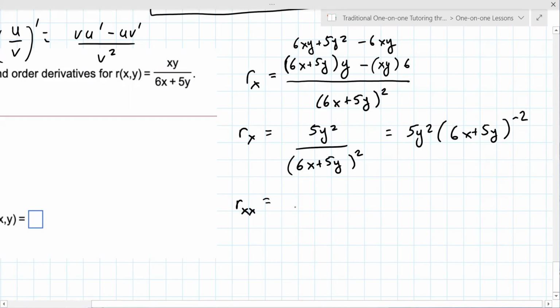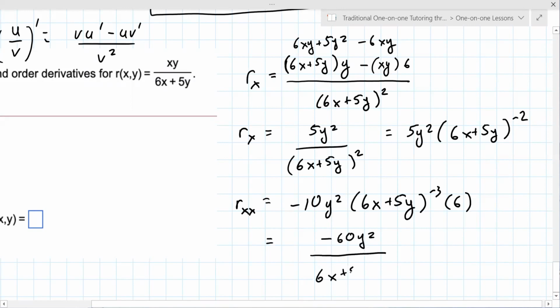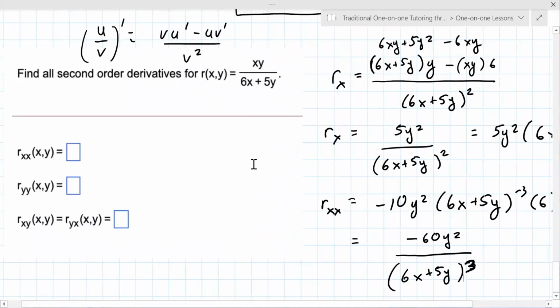So it's negative 10y squared times 6x plus 5y to the minus 3 power. But then you have to take the derivative of the inside function with respect to x, which is just 6. If you want to make this nice looking, it becomes negative 60y squared over 6x plus 5y to the power of a positive 3. That is your final answer for Rxx.